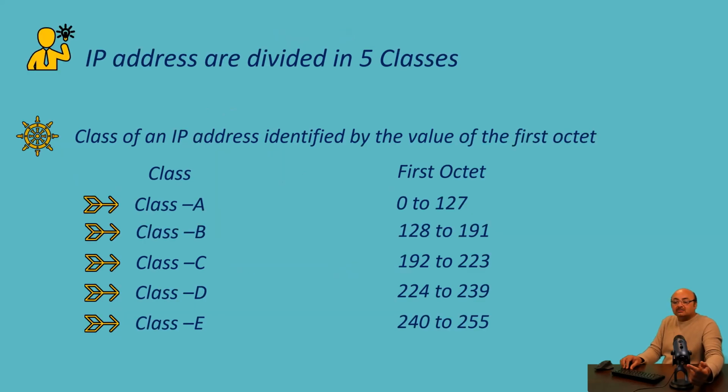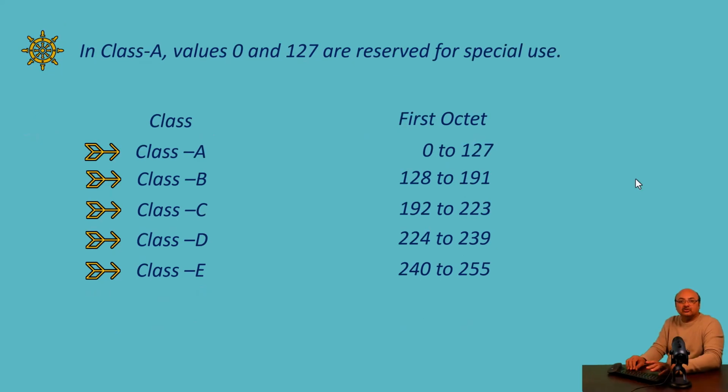So to summarize, this is what we get after using this derivation. The values 0 and 127 that as of now we see are falling in the category class A are reserved for important purpose, and that is why we exclude them from class A, and that is the reason the modified range for class A becomes 1 to 126.